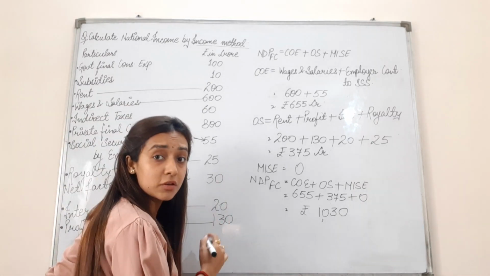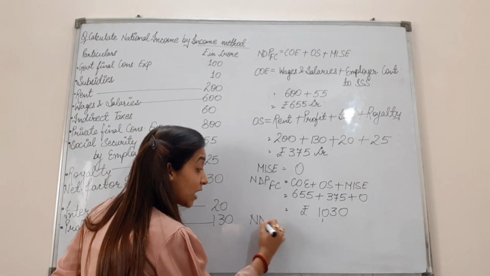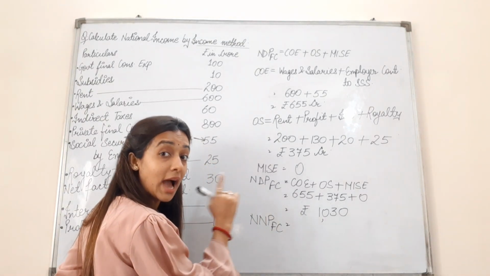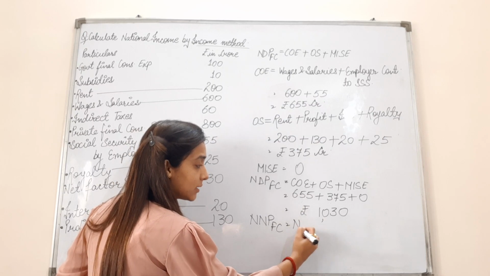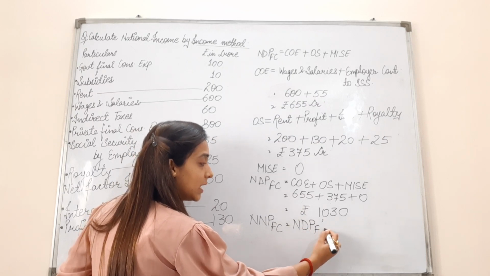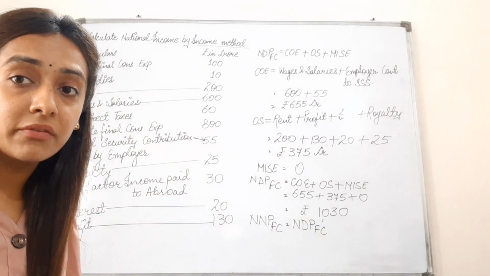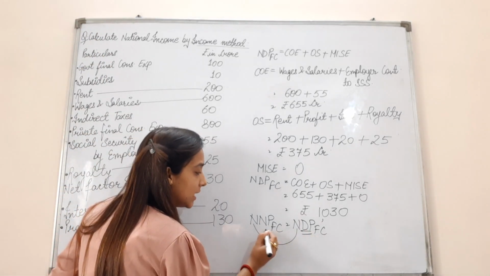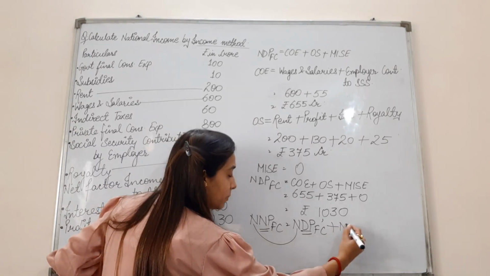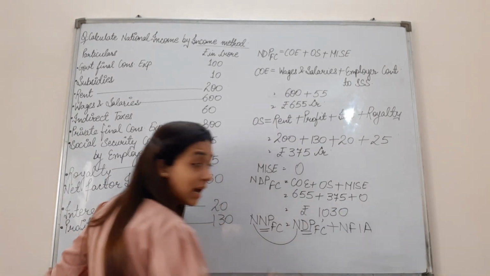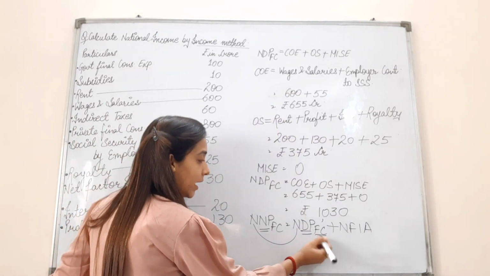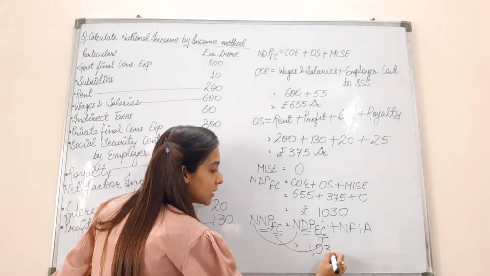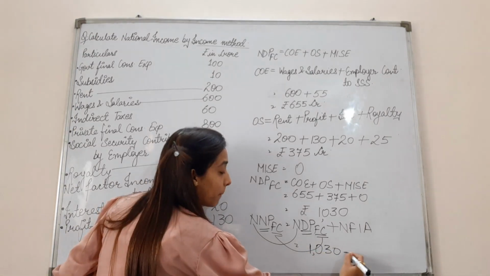Next, we have to calculate national income, NNP at FC. What we have in the question is NDP at FC. From NDP where do we have to go? To NP. What will happen? Plus NFIA. FC and FC, what is it? Same. It is 1030 plus.